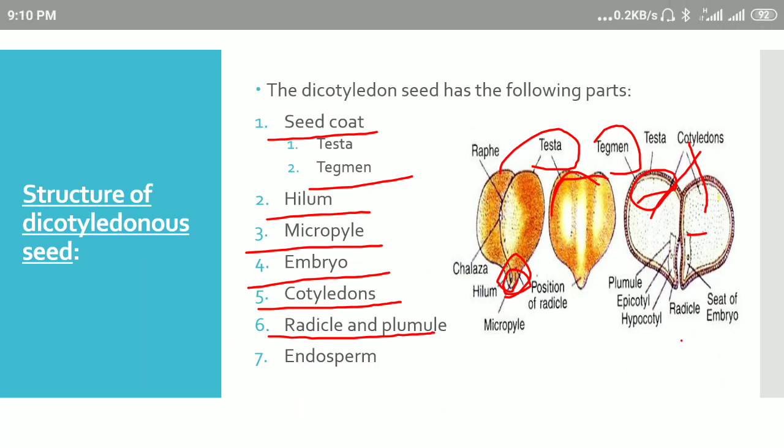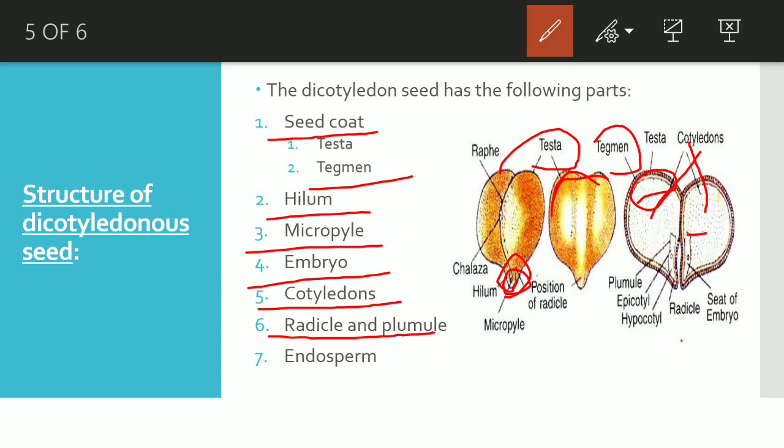It develops into the root, and the plumule is the upper part of the embryonal axis and develops into the shoot. The last one is endosperm. The endosperm is the nourishing tissue which provides nourishment to the developing embryo.